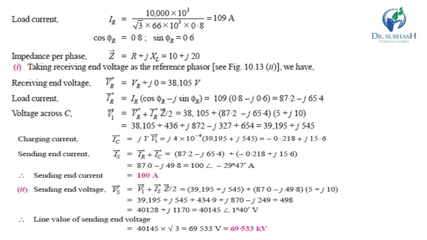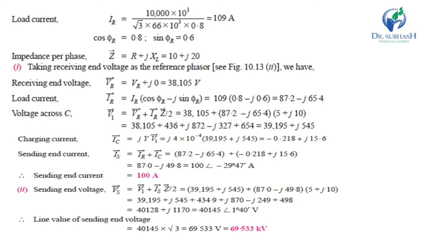From this equation, current IR is equal to PR, the receiving end power given in the example as 10,000 into 10 raised to 3, divided by root 3 into VR, which is 66 into 10 raised to 3, and the receiving end power factor 0.8. So we get the current as 109 ampere.